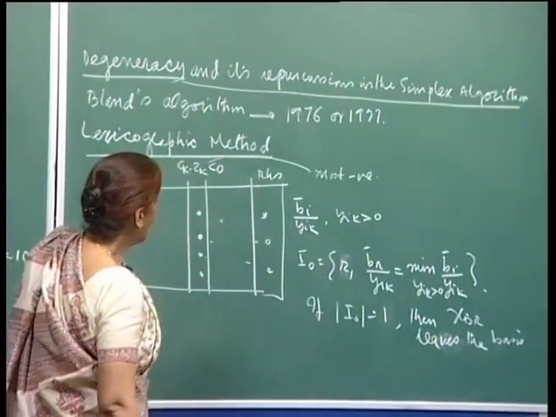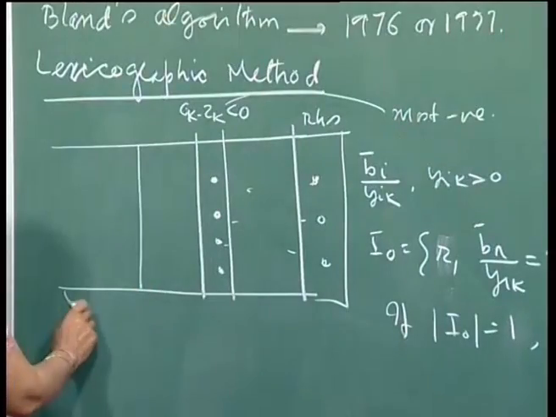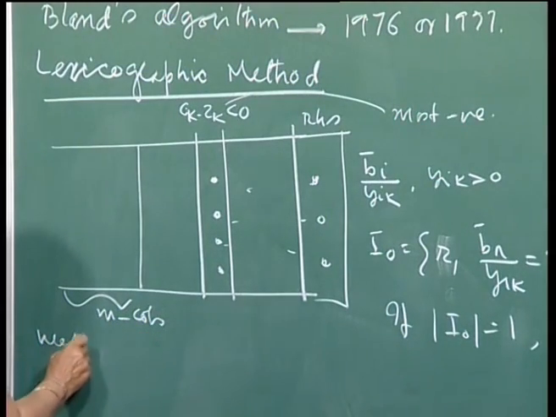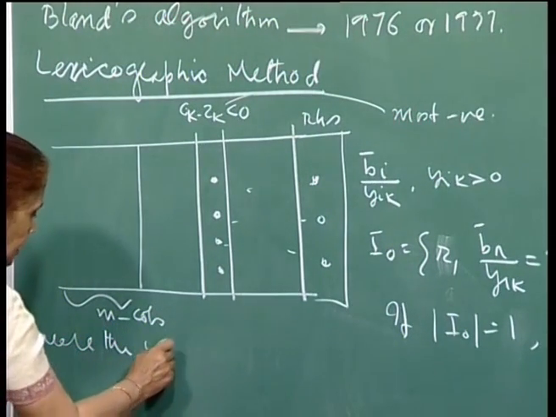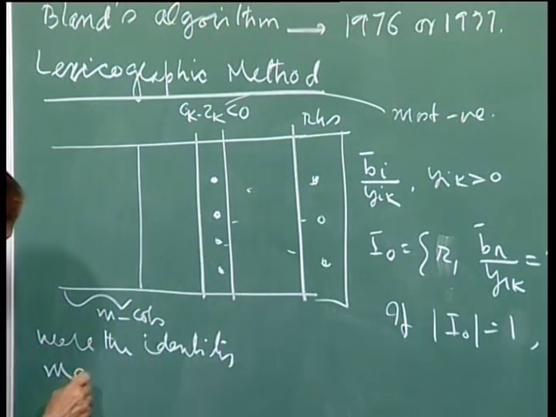Now, before that, the prevalent rule was, see, suppose these m columns for the identity matrix, right, in the beginning.